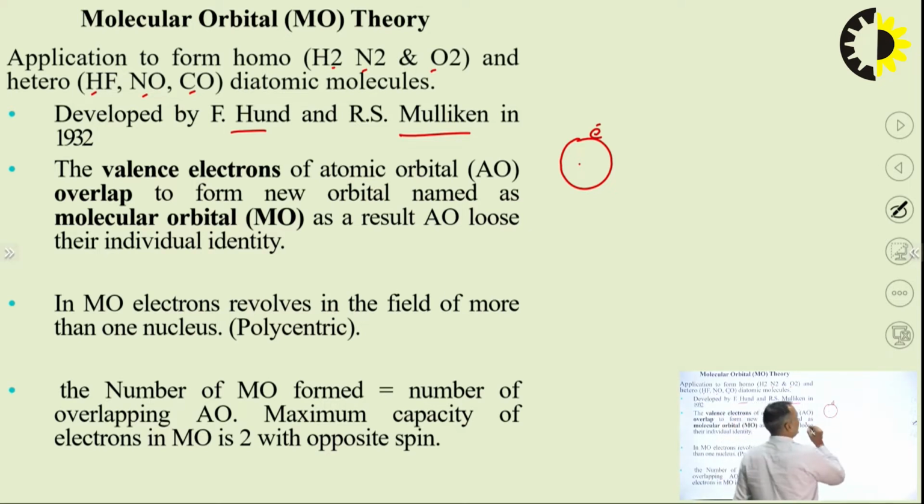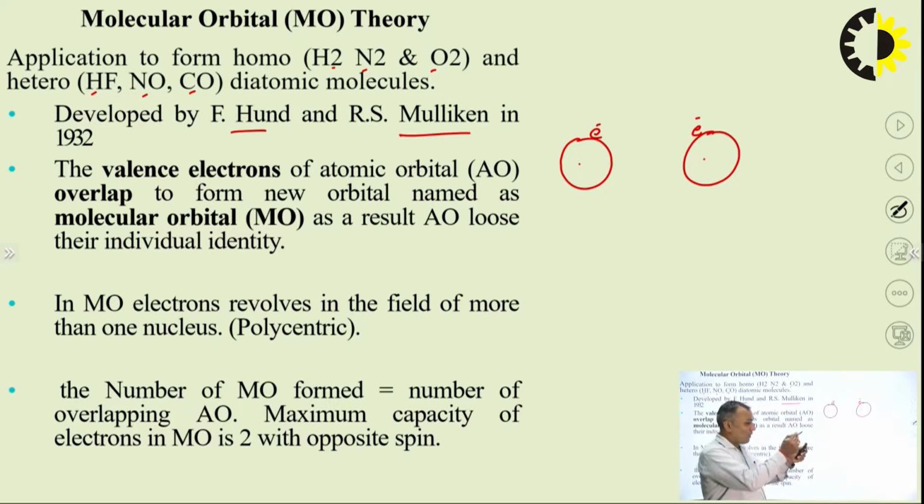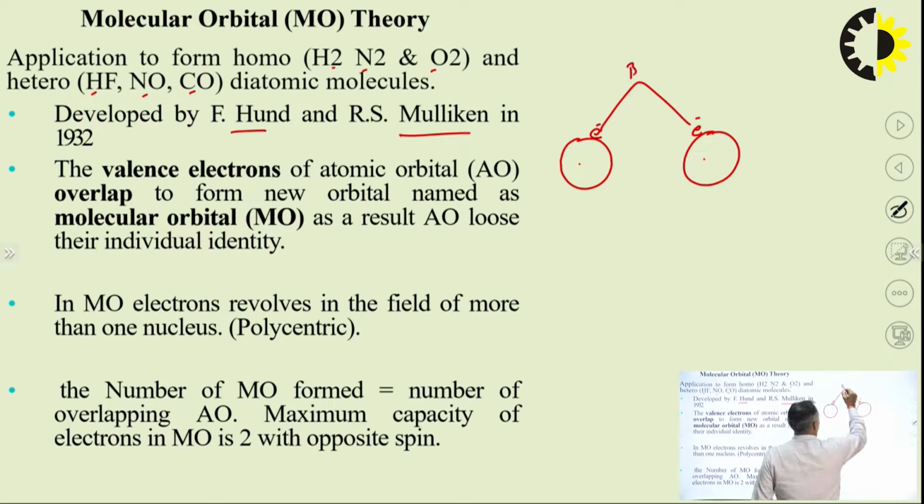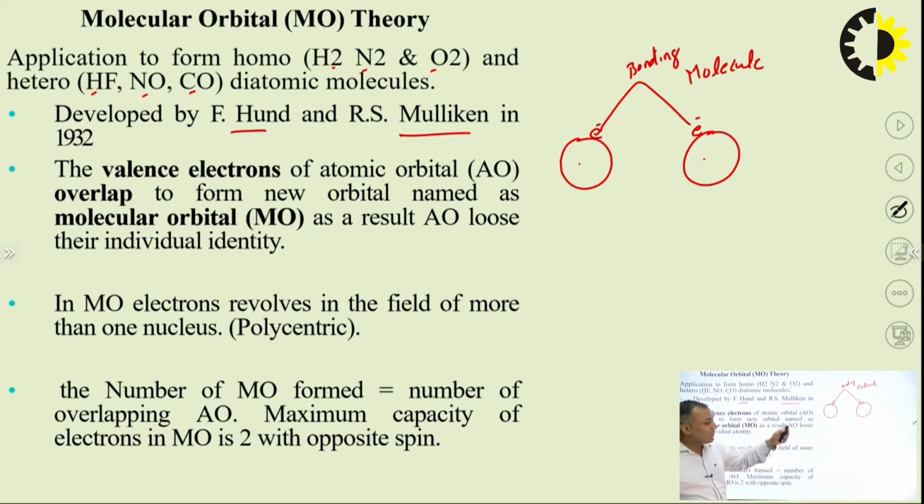The valence electron of this atom and the valence electron of another atom overlap with each other, they make a bond, and by the bonding they form a molecule. How this molecule is formed can be explained by these postulates.